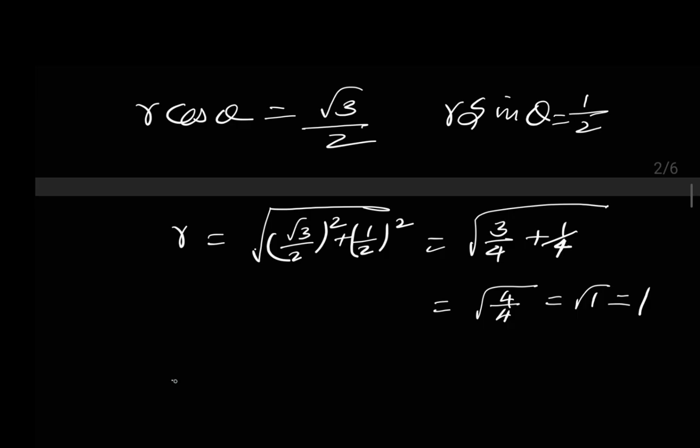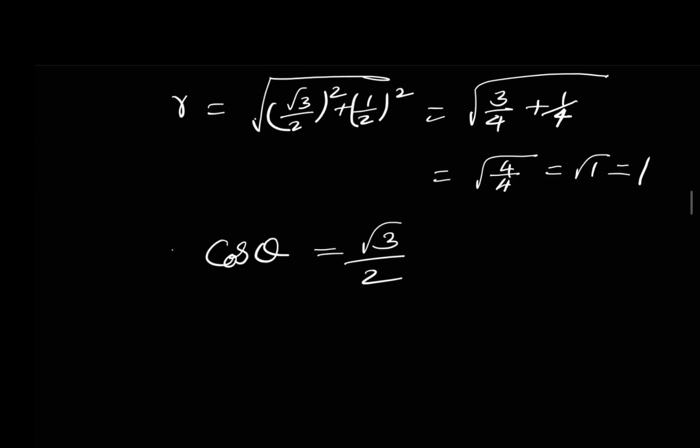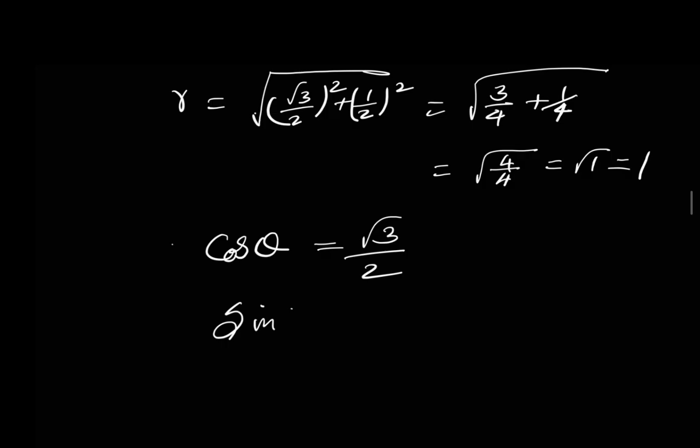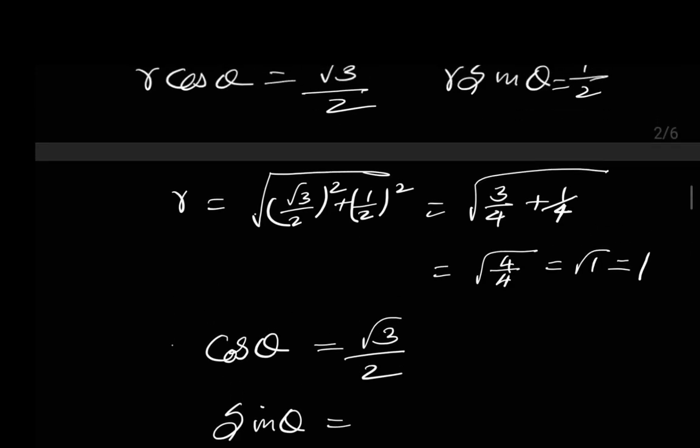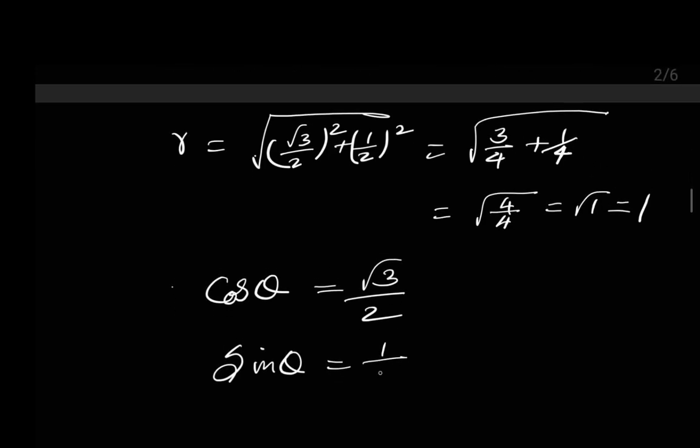So from r cos theta, substituting r as 1, you will get cos theta as root 3 by 2, and sin theta is equal to 1 by 2. See, both are positive values, so the angle lies in the first quadrant.